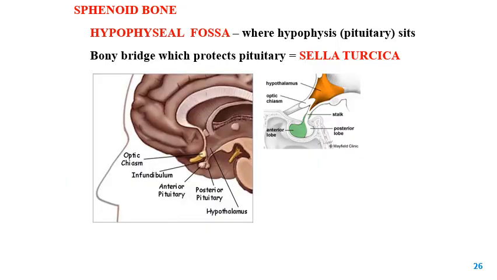Okay, all right. So here, your sphenoid bone, this sella turcica is also called hypophyseal fossa, because your pituitary gland is also called your hypophysis gland.